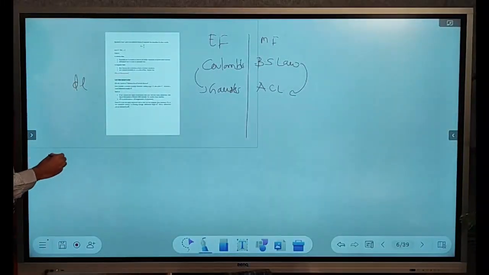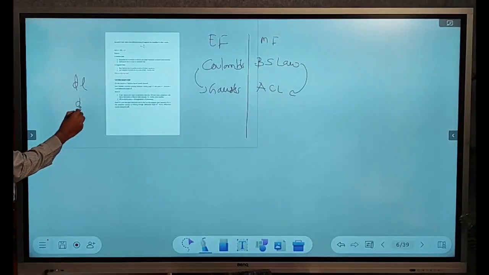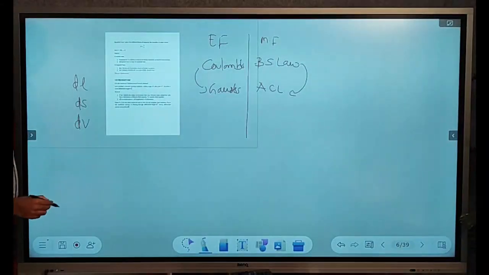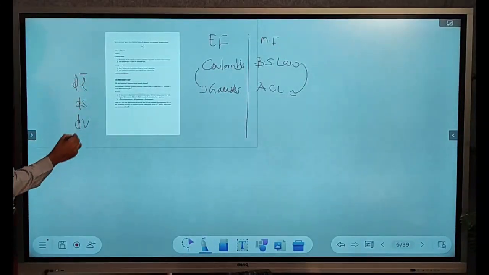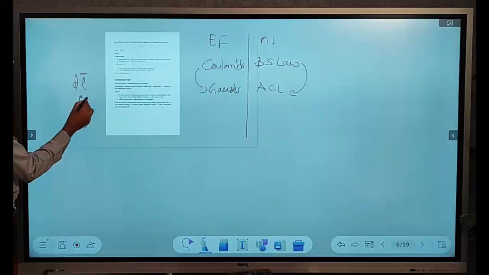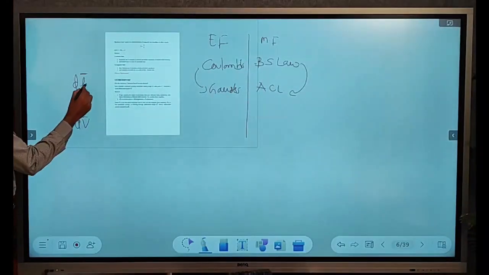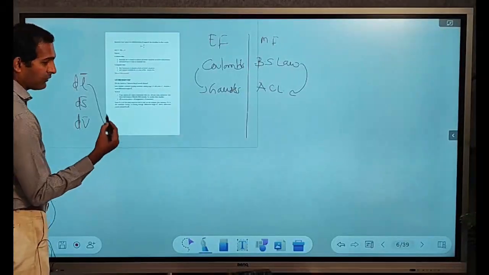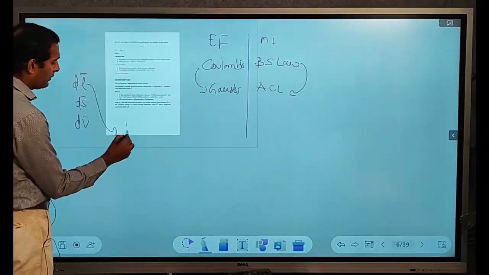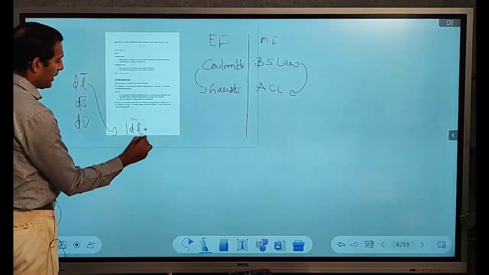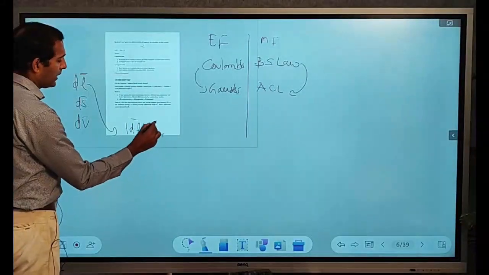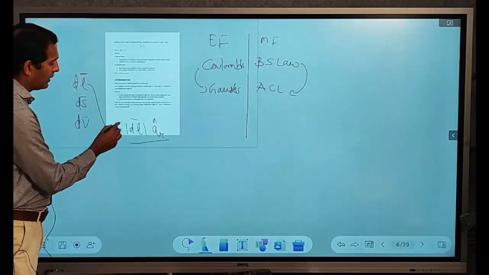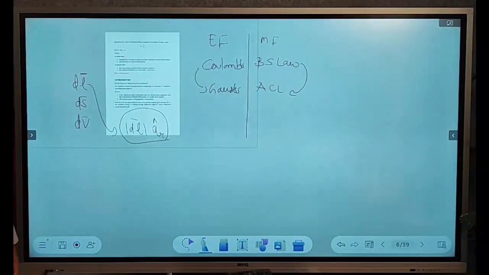We may have dl, we may have dS, or we may have dV. These we consider as vectors, dl bar, dS bar or dV bar. That means it will have some magnitude, say 5 meter, 10 meter, and it may have some direction, x direction, y direction or z direction. So we consider it like this.